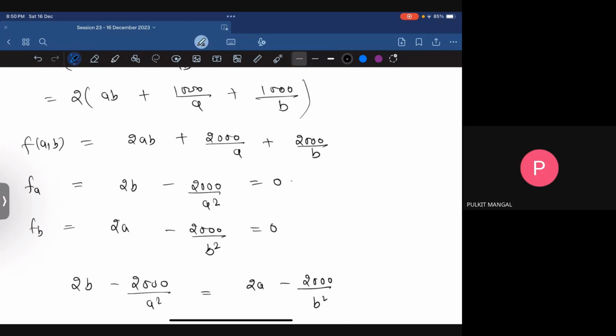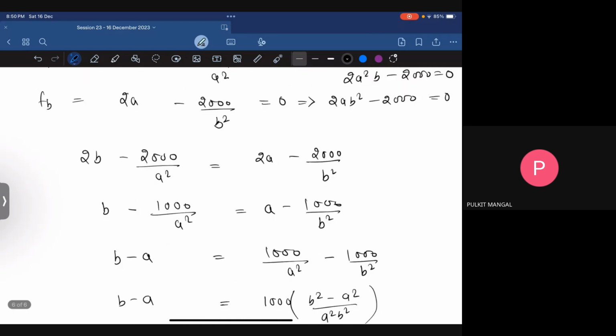So let's simplify the equation from here then. 2a square b minus 2000 by a square is equal to 0, and 2ab square minus 2000 is equal to 0.